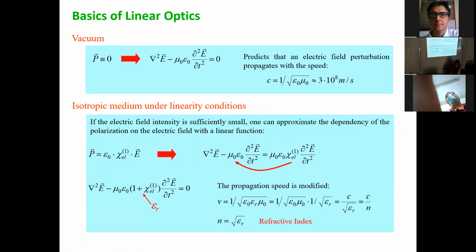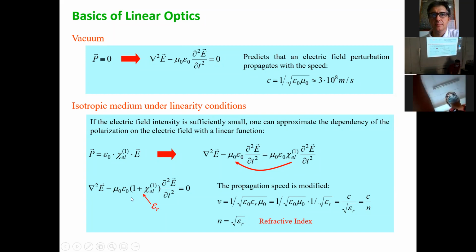Then you can shift this term on the left-hand side of the equation, and you can factorize the second derivative of the field with respect to time. It appears a prefactor that is 1 plus chi, 1 plus the susceptibility. And as usual, when you have a new quantity and you are an engineer, you give this quantity a name, that is epsilon r, the relative dielectric constant.